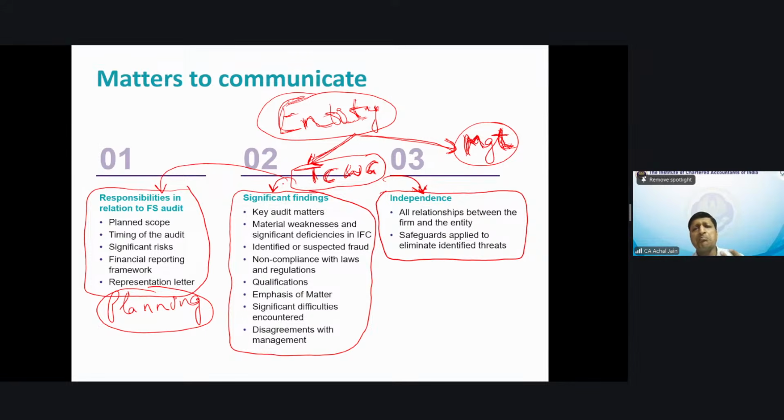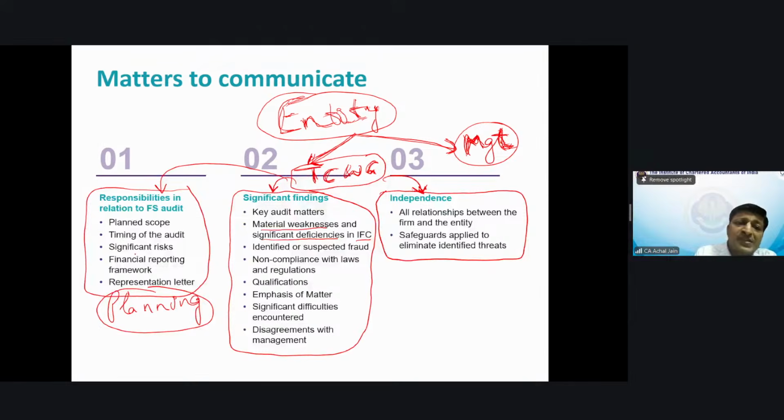Say there are matters related to CAM, which are going to be reported, of course. Suppose there are some modifications, whether it's a qualification or adverse opinion. Suppose there are some material weaknesses, significant deficiencies in the FC. Just a while back, we discussed fraud.